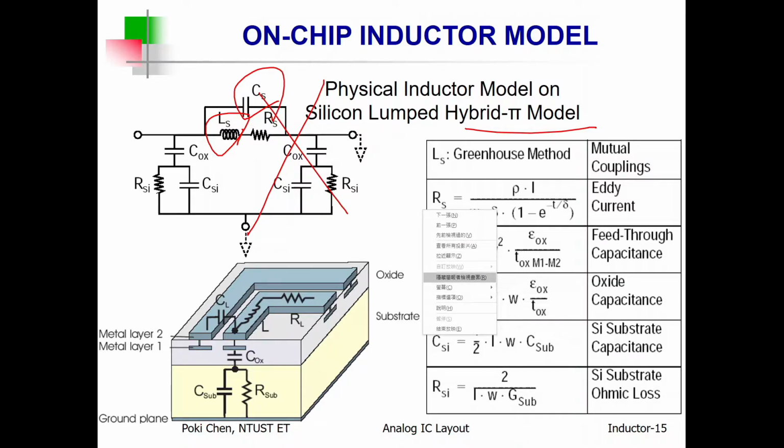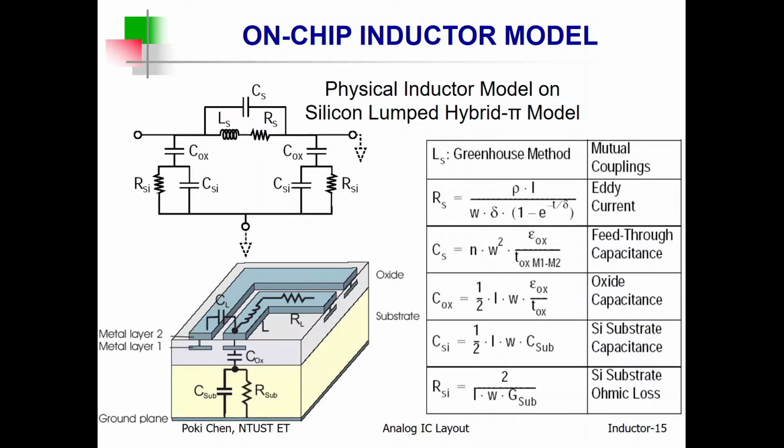Anyway, anyhow. This one, the series resistance RS, actually has very much impact on Q factor. You had better reduce it. And again, how about CS?